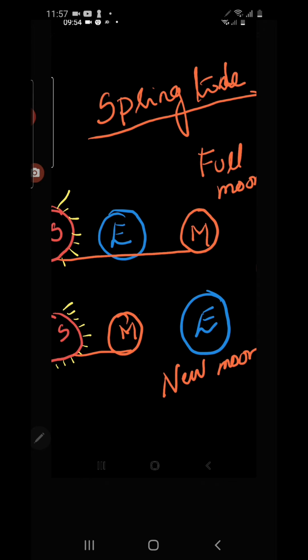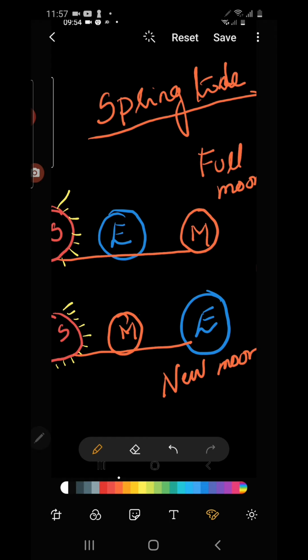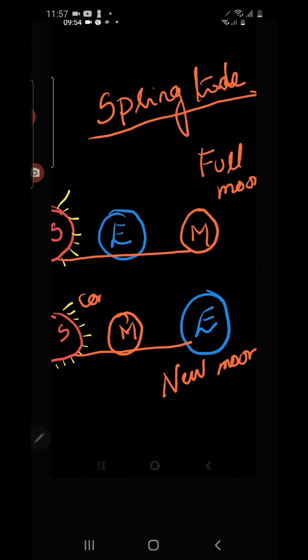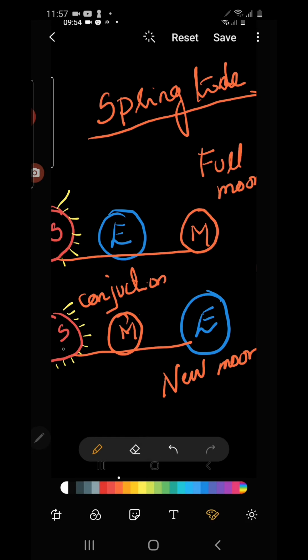Here also sun, moon and earth are in a straight line. These three heavenly bodies can be in a straight line either in the conjunction of sun and moon, where sun and moon come together, so this is called conjunction of sun and moon.